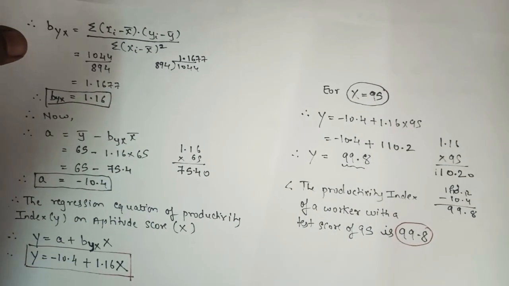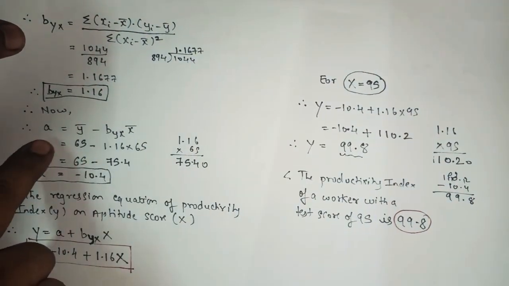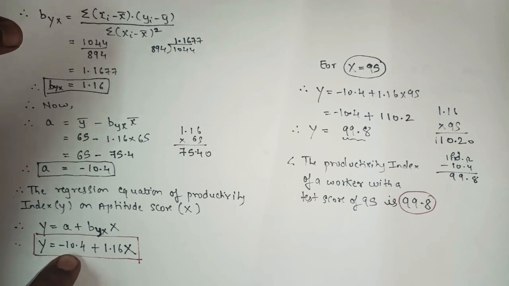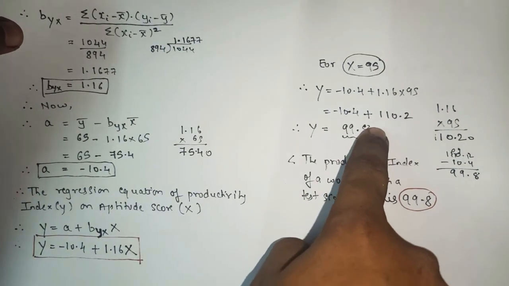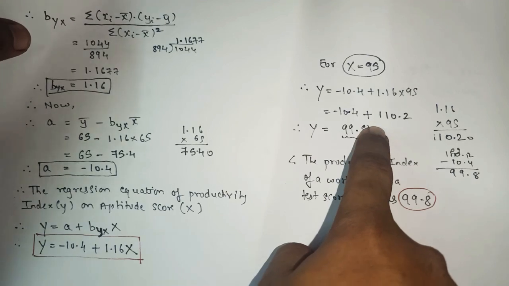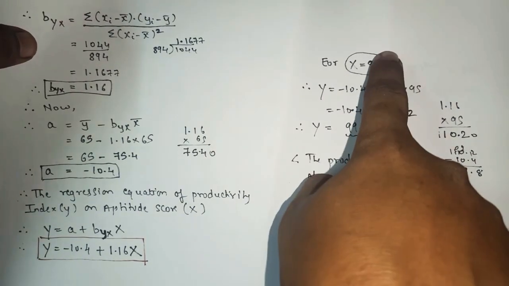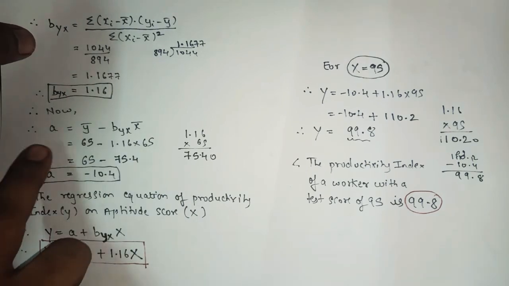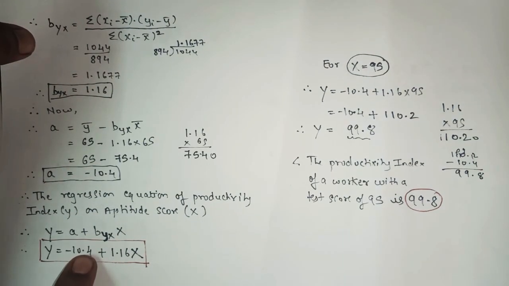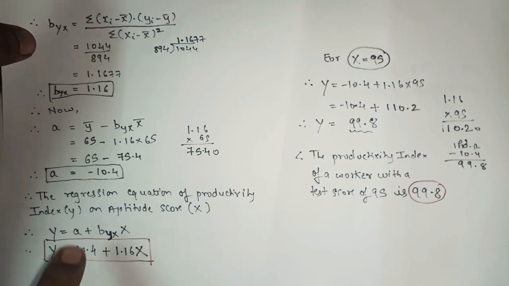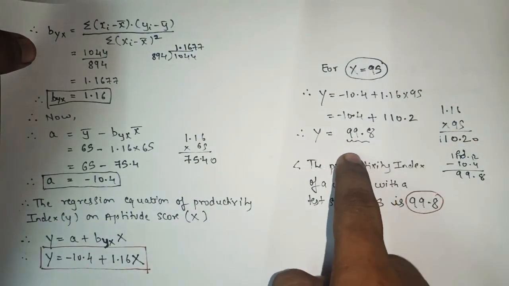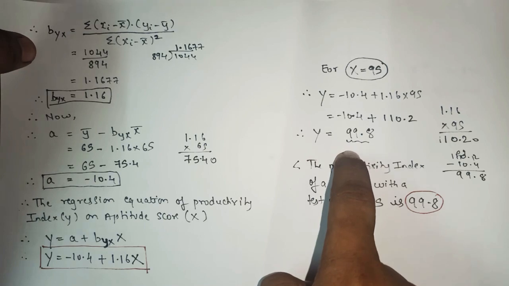First you will find byx, then after that a, then you will get the regression equation y on x, and then estimate y when x is given. When it is x on y, first you will find bxy, then a dash, substitute the value, you will get the regression equation x on y, substitute the value of y, you will get x here. For x on y I am saying.